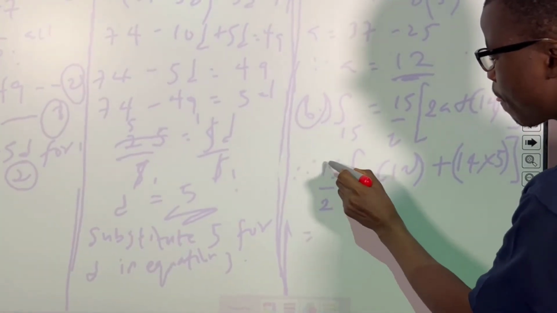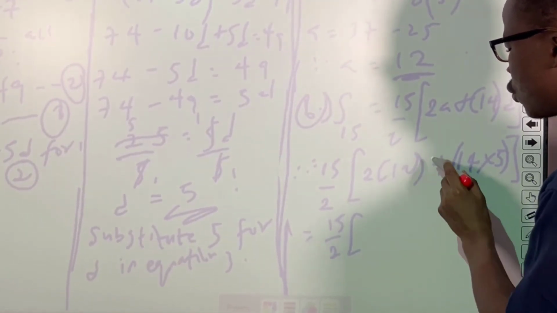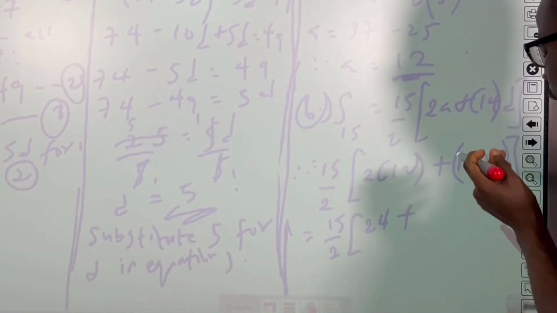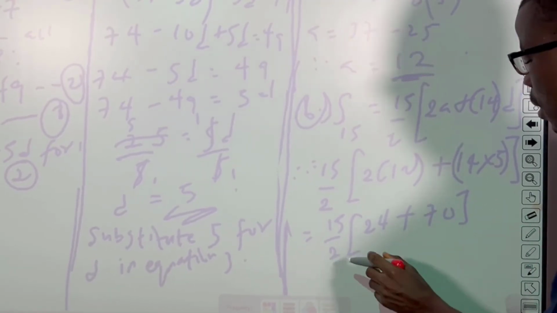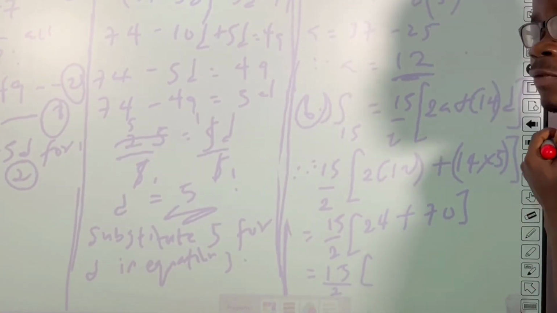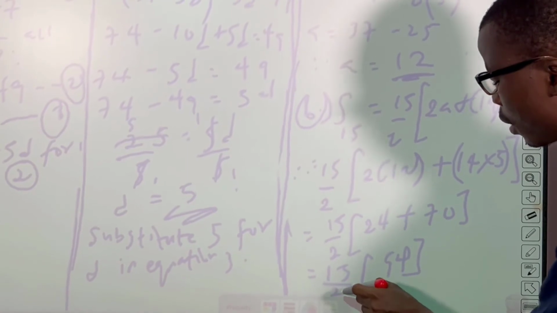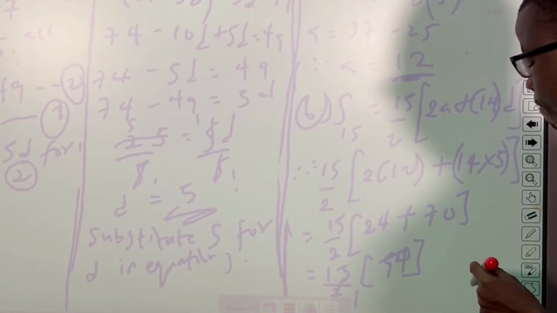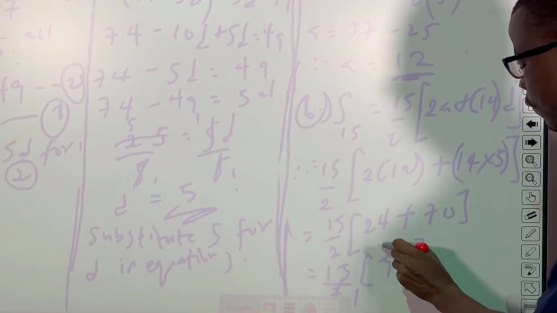So that's going to be 15 all over 2 in bracket 2 times 12. That's 24 plus 14 times 5. 14 times 5, that's going to be 70. So we say 15 all over 2 in bracket 24 plus 70. That's going to be 94. So we say 2 in 94 gives us 47.